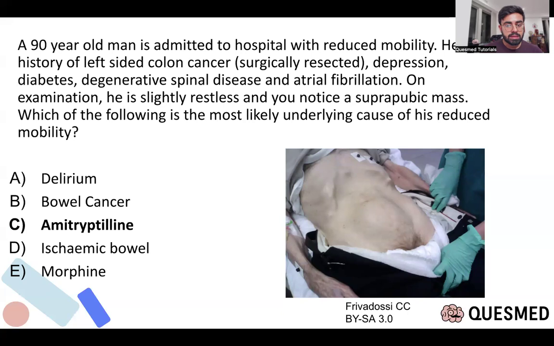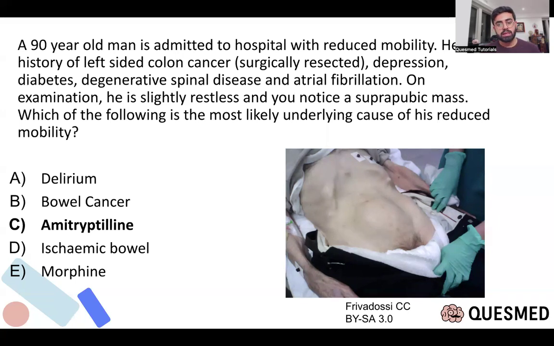The other options here: delirium, there isn't so much in favor of that in this stem. Bowel cancer, we know he's already had bowel cancer in the past. You don't tend to get suprapubic masses with bowel cancers. They tend to be more confined to the peripheries. Ischemic bowel, he has AF, which is a risk factor for it.